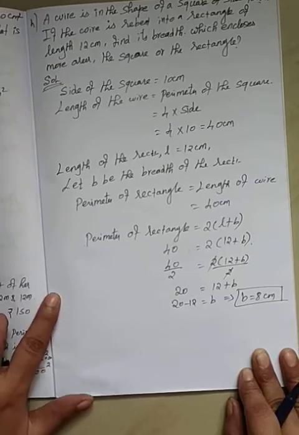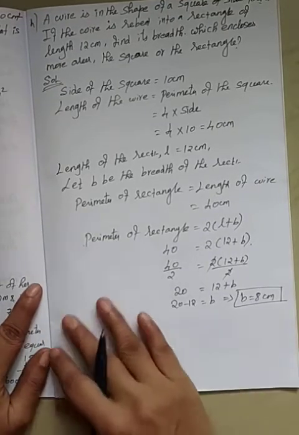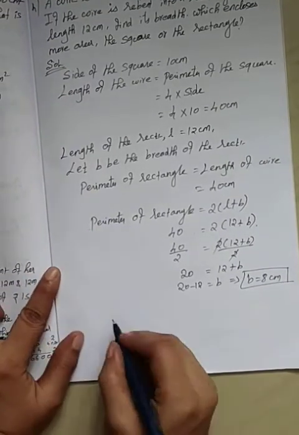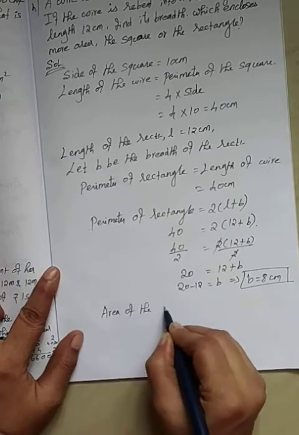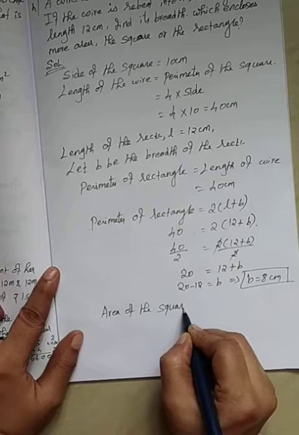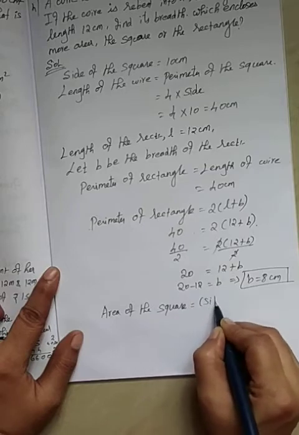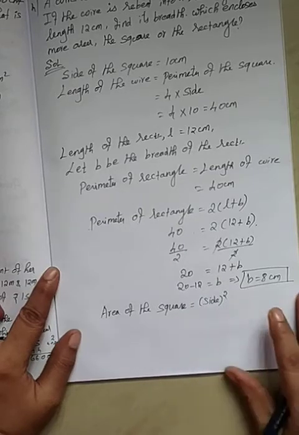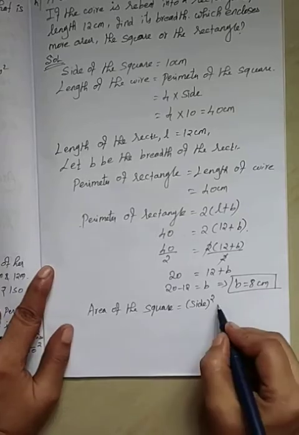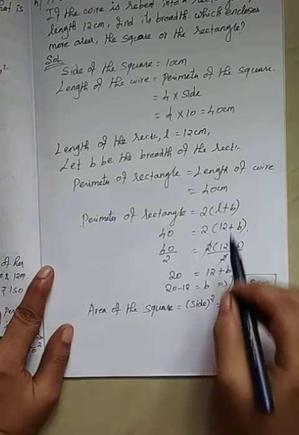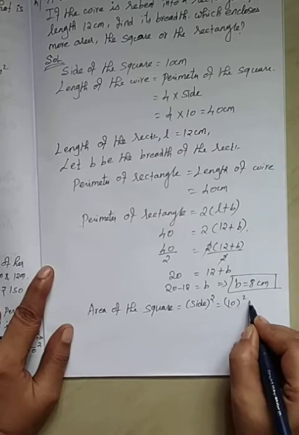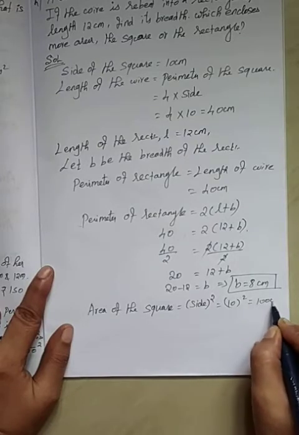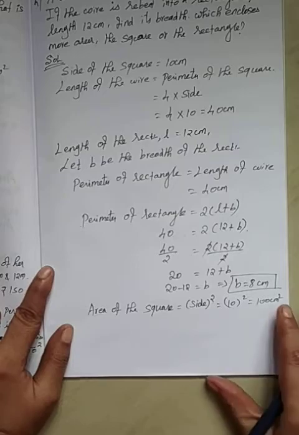Now, see, area of the square. What is the area of the square formula? Area of the square is nothing but side square. See here, what is the side? 10 centimeter. So you have to put 10 square. So what will you get? 100 centimeter square.